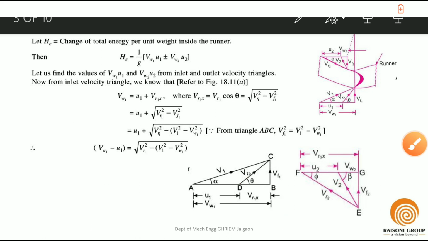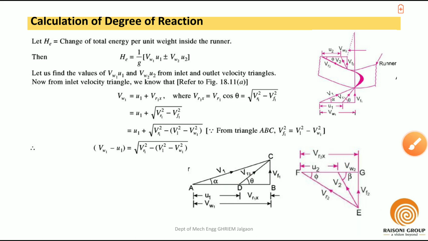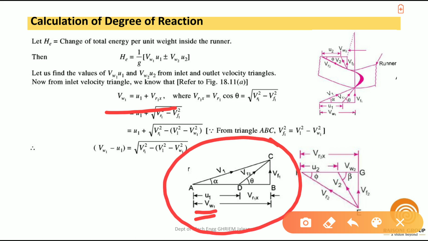So this Vr1x represents the x component of this relative velocity, and this Vr2x represents the x component of the relative velocity at the outlet. So by this diagram we can see that the value of Vw1 in this inlet velocity triangle is equal to this U1 plus Vr1x.